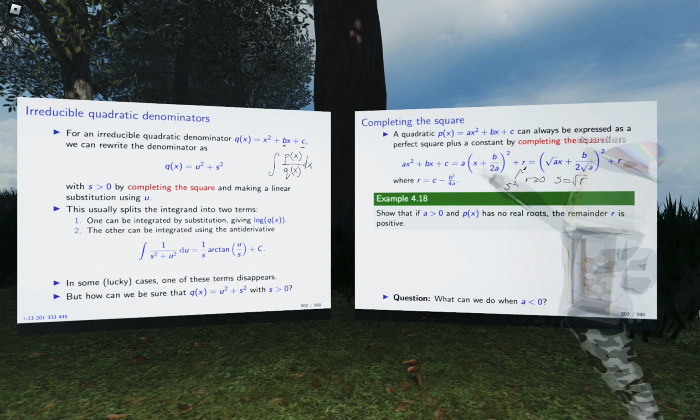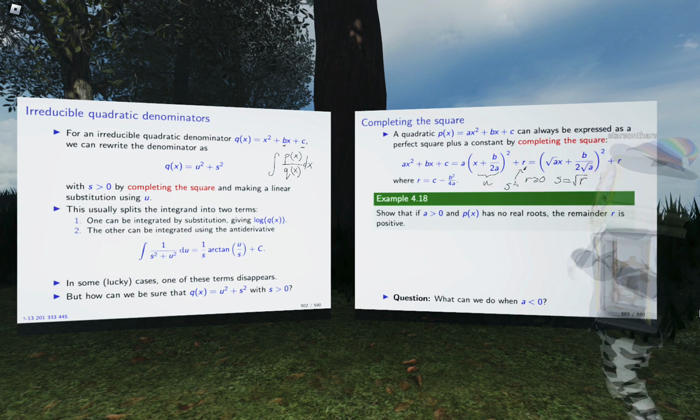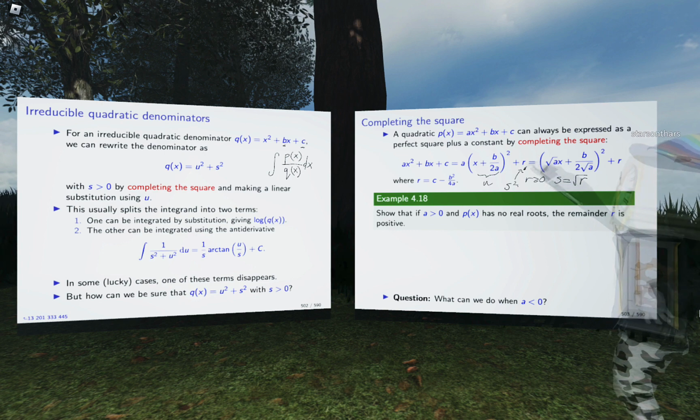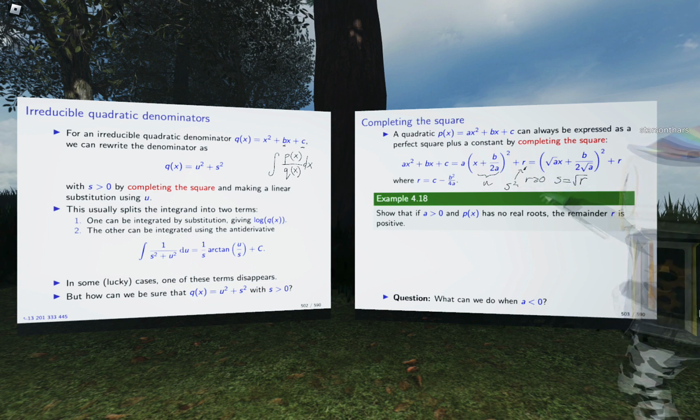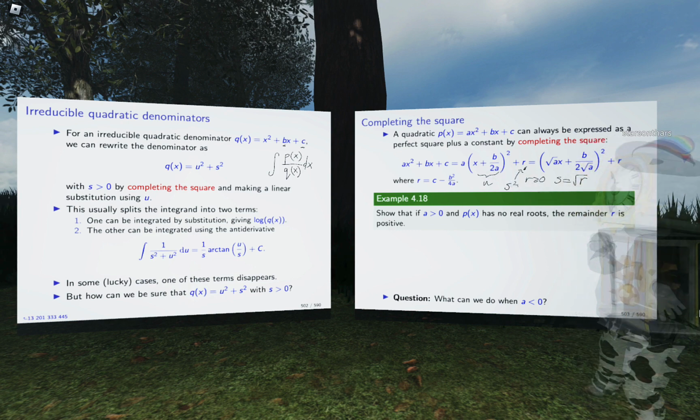This part you can call u, right? That's a linear substitution. So as long as this is positive, you can call it s squared. You can make this u squared, and the a you can just factor out, so don't worry about that.